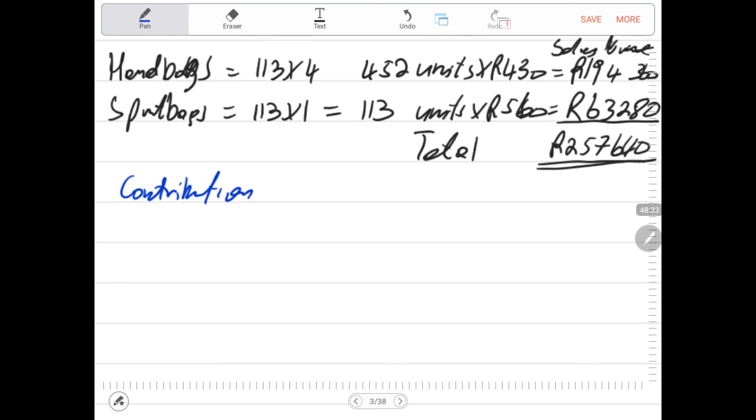Contribution for the handbag. The selling price is still the same, 430. Our variable cost, what do we have?